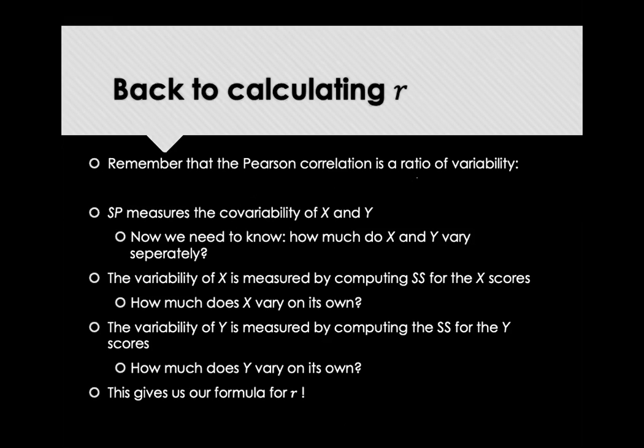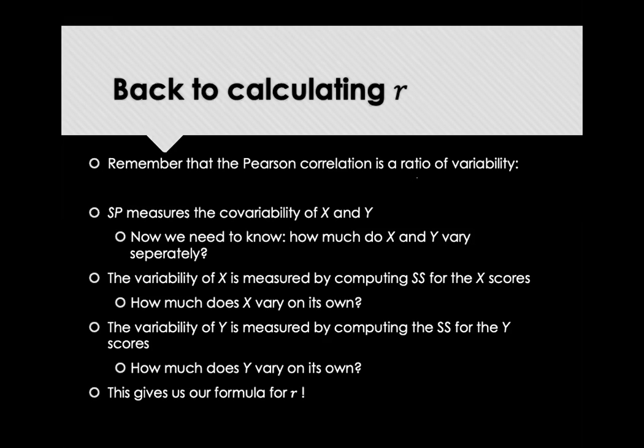That's why with sum of products, we are adding the products, right? How does the variability of X and the variability of Y multiplied together, what is the measure of that? Now we need to know for our denominator, in Pearson's ratio, how much do X and Y vary separately? The variability of X separately is measured by computing sum of squares for the X scores.